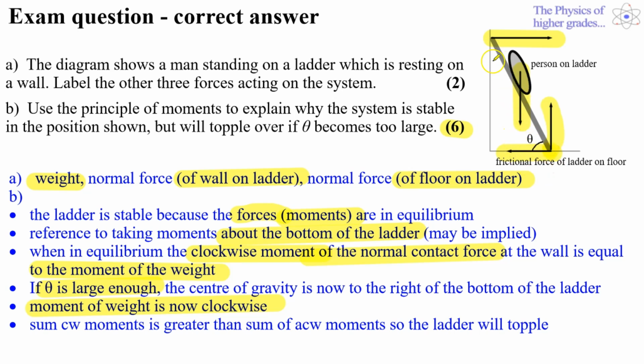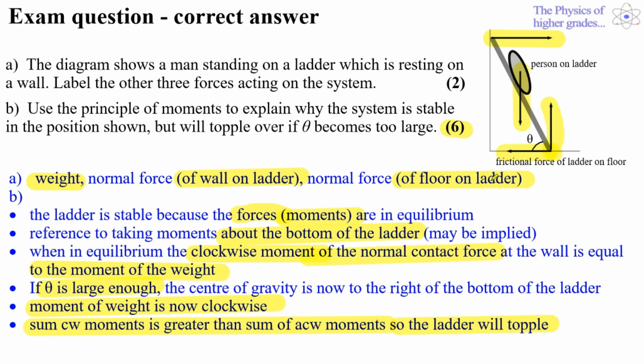You could say the sum of the clockwise moments is greater than the sum of the anti-clockwise moments, or that nothing is providing an anti-clockwise moment to balance this clockwise moment of the weight. Therefore, the ladder will topple. So that's your 3 marks here: what will happen in terms of the forces and the moments if theta becomes too large.